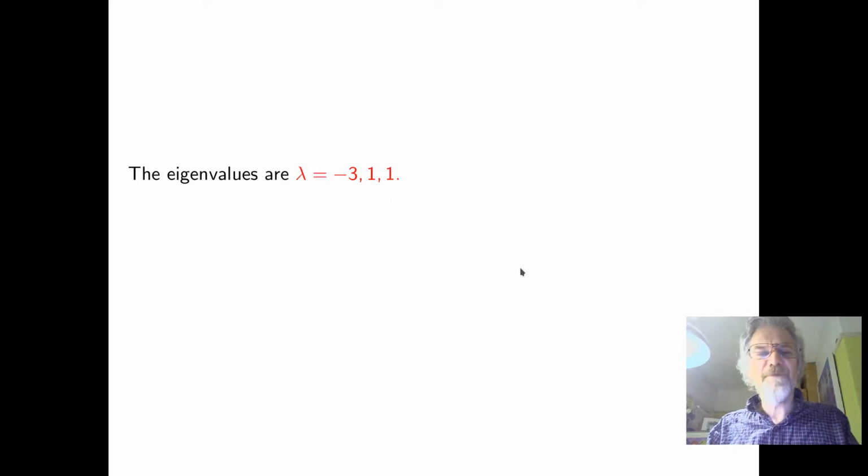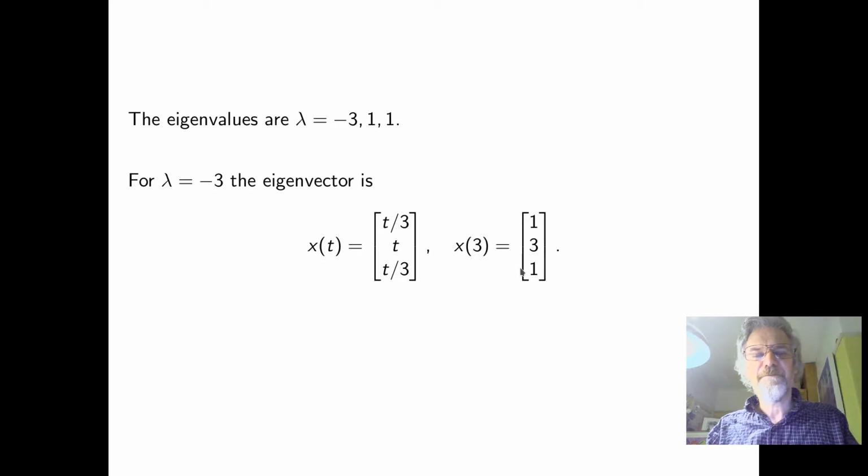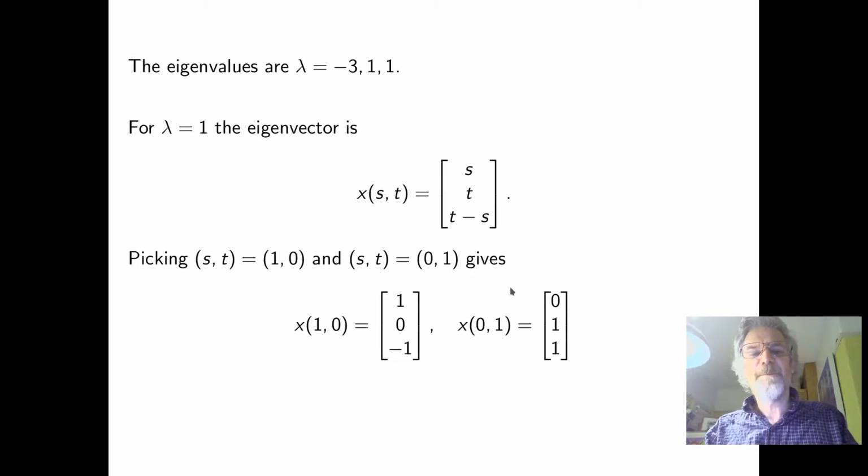So what happens for lambda equals 1 is when we solve it, the eigenvector, the solution depends on two parameters, s and t, and the general solution is s, t, minus s minus t. And so we can take different values of s and t, and I just choose convenient ones, 1 and 0 and 0 and 1. You can take any two values, but of course choosing them as 1 and 0 just makes for neat arithmetic.